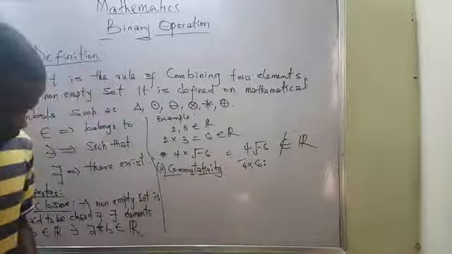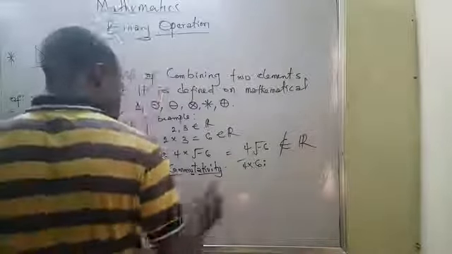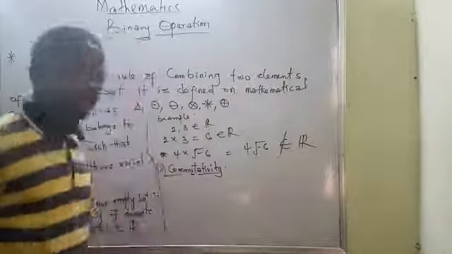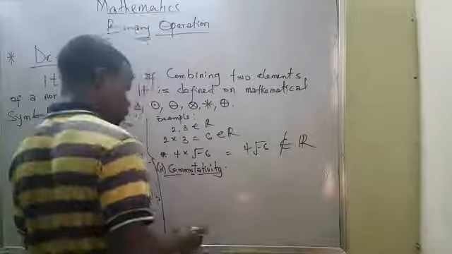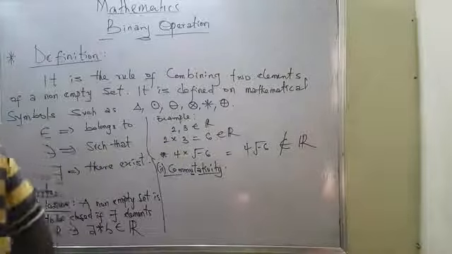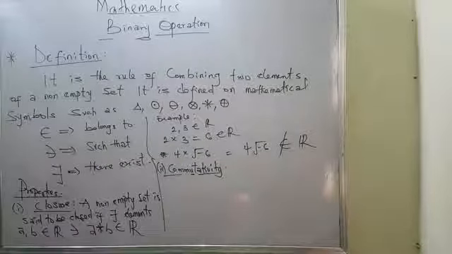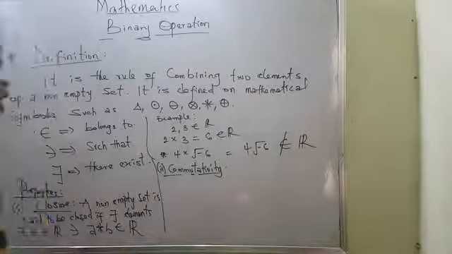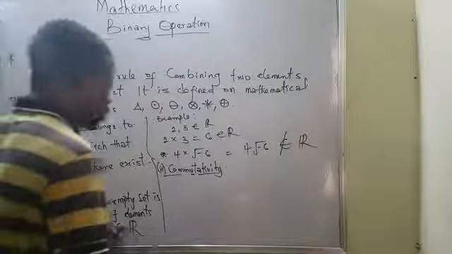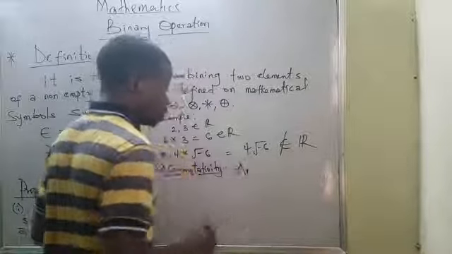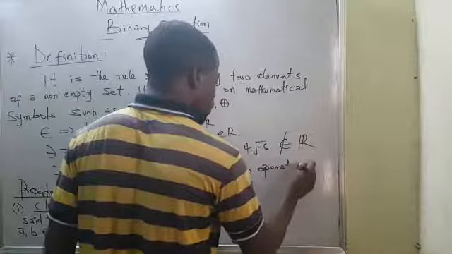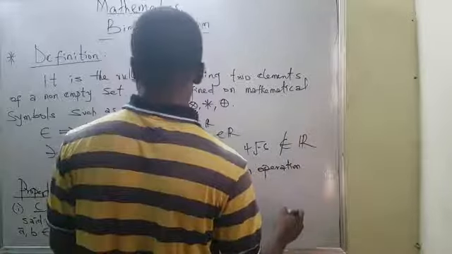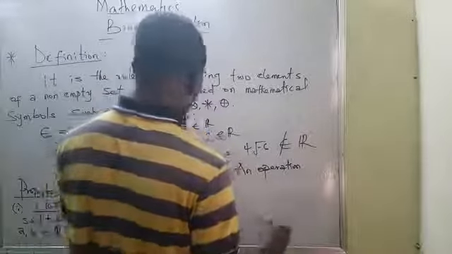Now commutativity is, let me wipe this side. And I can also go this way. I can use a non-empty set, and I can equally use an operation. Okay, I can use this. I can say an operation, let me use this.